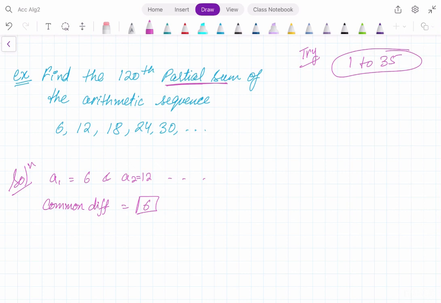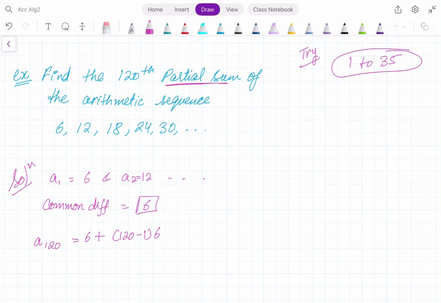Now, we want the 120th partial sum. That means this is the case of an infinite sequence, because dot dot dot is there after the last term shown. But we are cutting the chase by saying, okay, let's find the sum till the 120th term. So besides A1, I need to find what is A120. For that, I need to find the term.